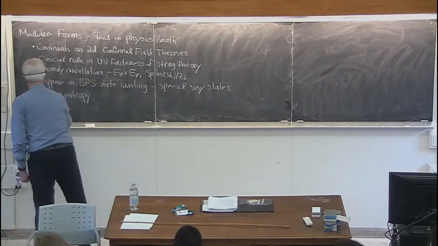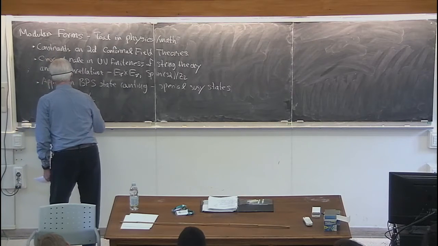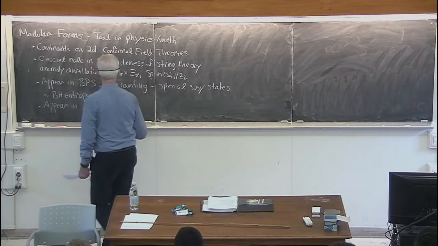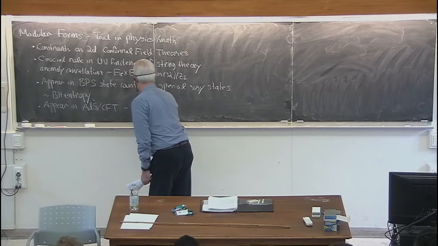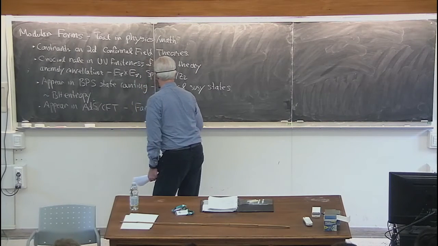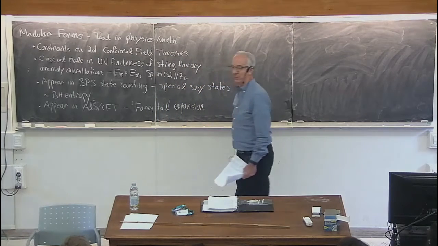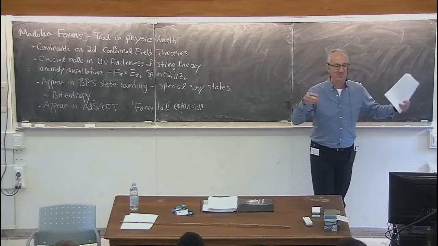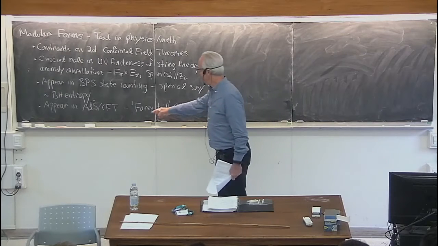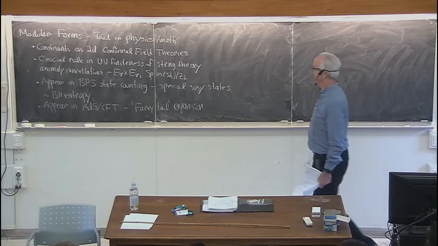And they also appear in various applications of the AdS/CFT correspondence, and often in the physics literature, these are referred to as a kind of Farey tail expansion. The Farey here refers not to fairies, little things with wings that fly around, but to a mathematician, I think John Farey.